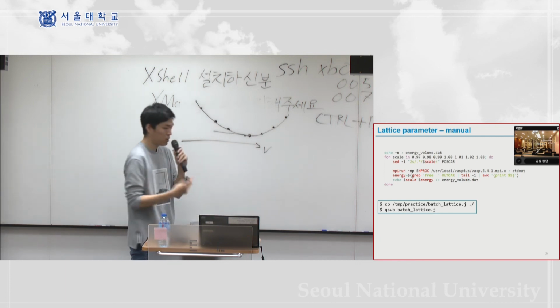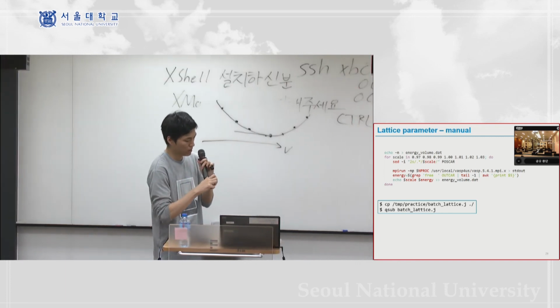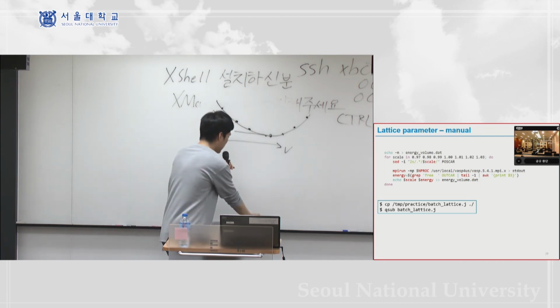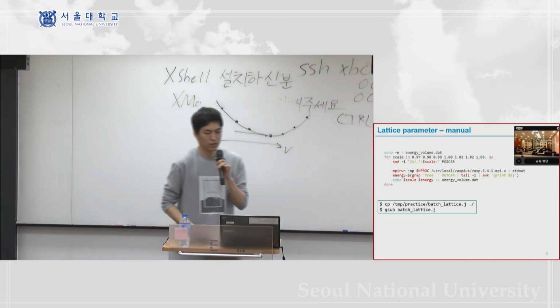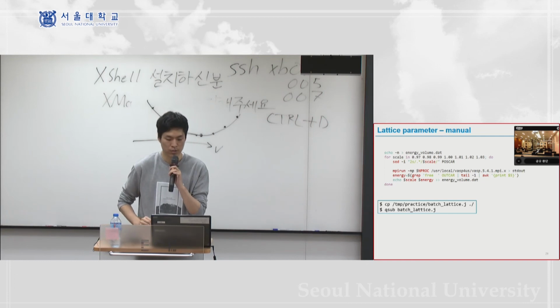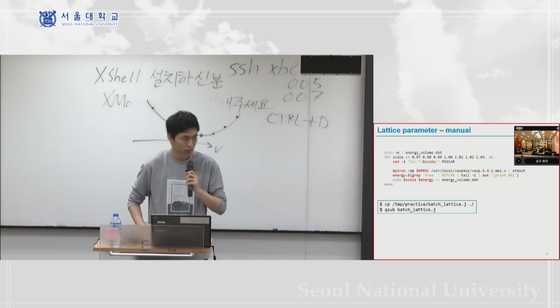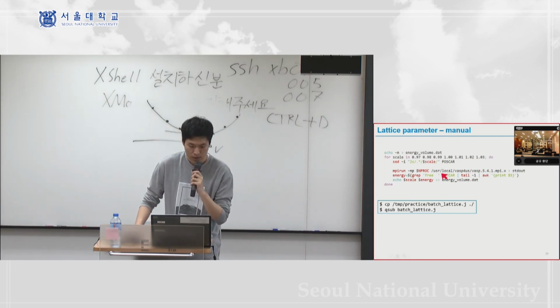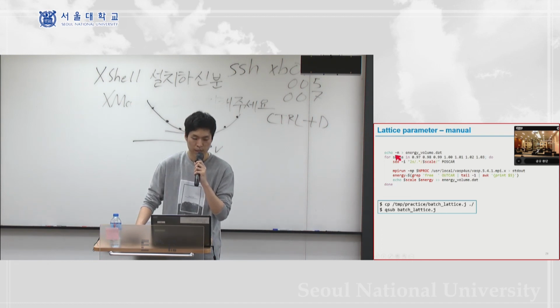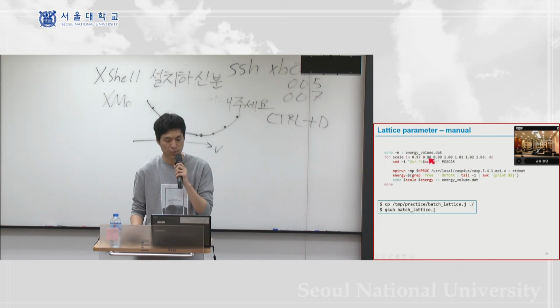This is similar to the convergence test in the sense that we are doing the same calculations while changing some parameters. Here we are changing the scale factor inside the POSCAR: 0.97, 0.98, 0.99, and 1 to 1.03.